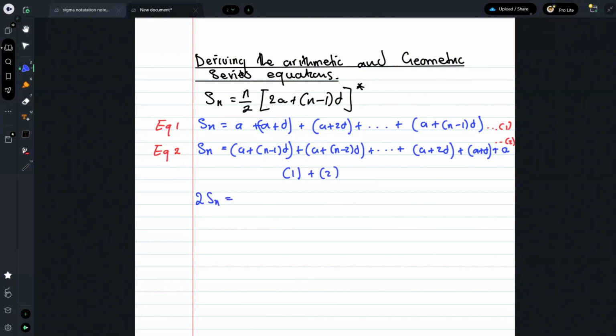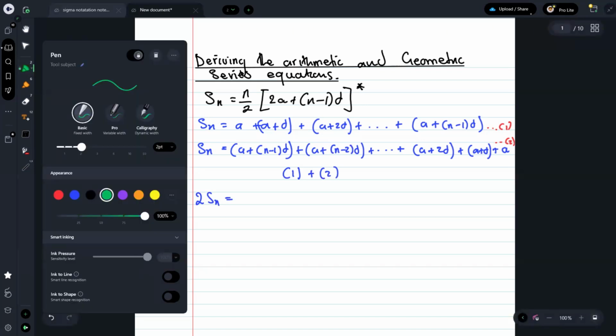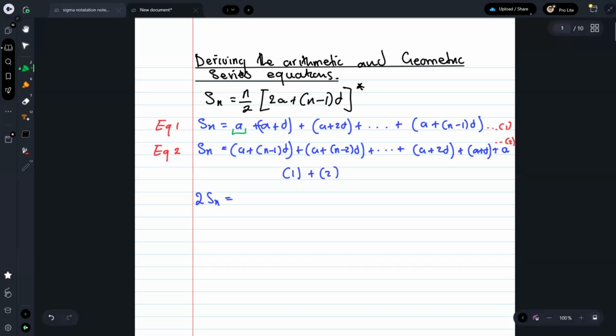And then right here, we're going to align the terms such that the first term a is added to the first term a on the descending one. The second term corresponds to the second term there, the third term corresponds to some term right here, and so forth.